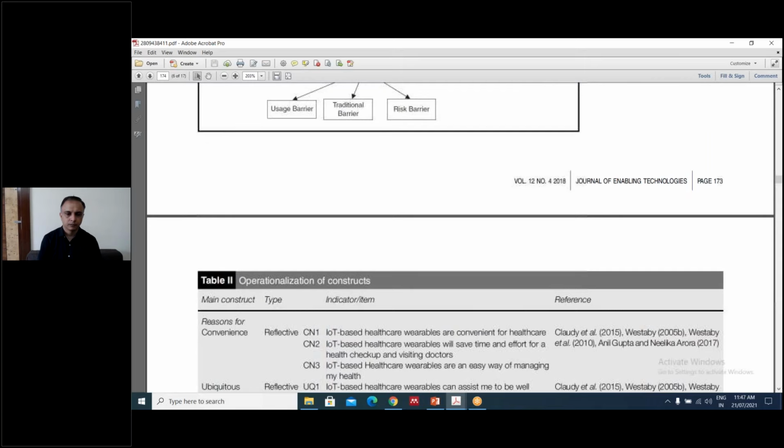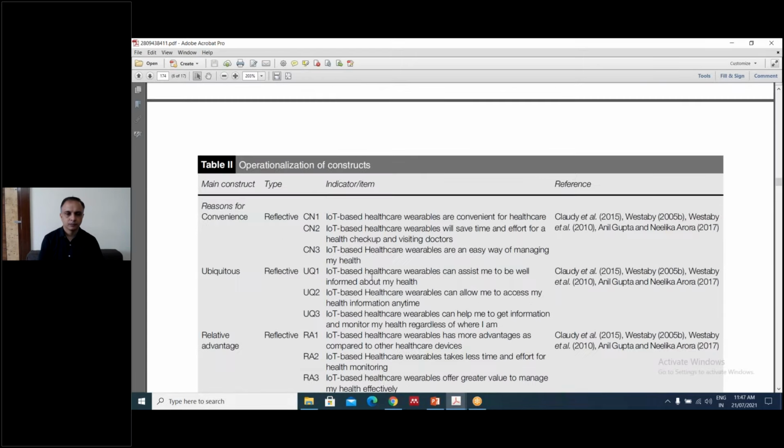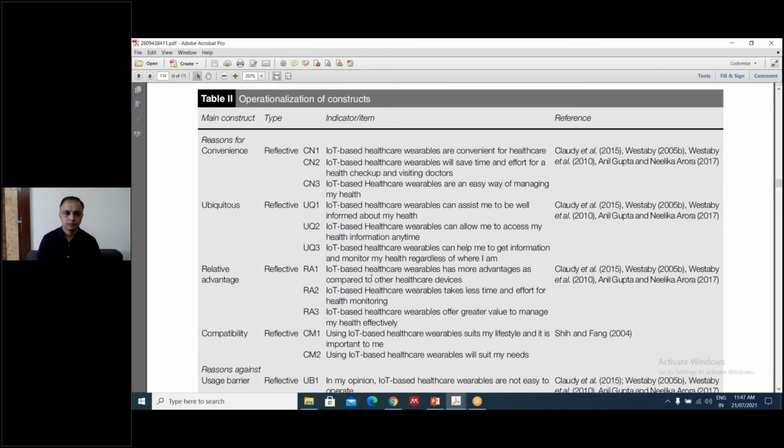I will first talk about RF and RA. Typically, they are developed as higher order, second order constructs, and the items are for RF: reasons for convenience, ubiquitous, relative advantage, and compatibility. Now, from where did this come? I'm showing you the operationalization table.